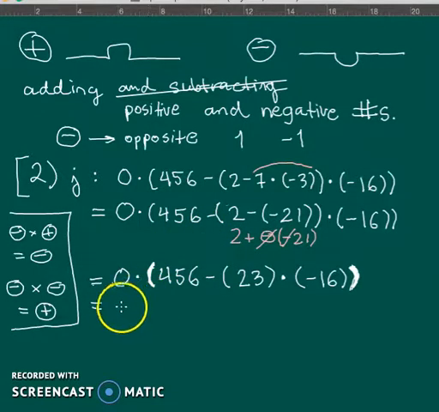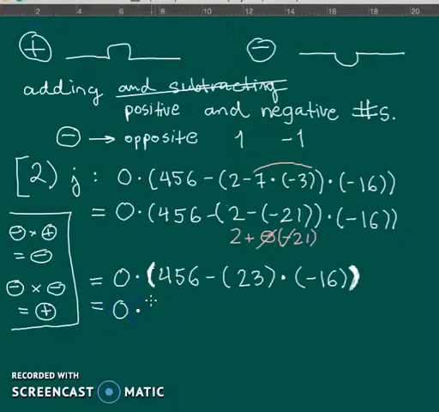Okay, so what am I going to do first? I have 456 minus, or rather plus, negative 23 times negative 16. So I know that I have to do the multiplication first.